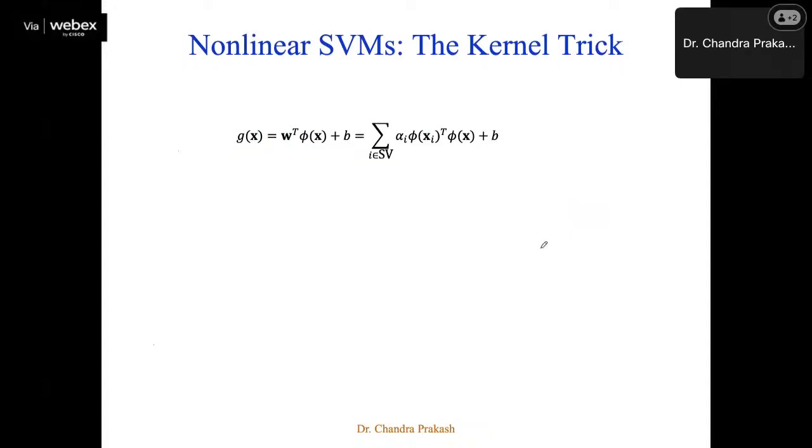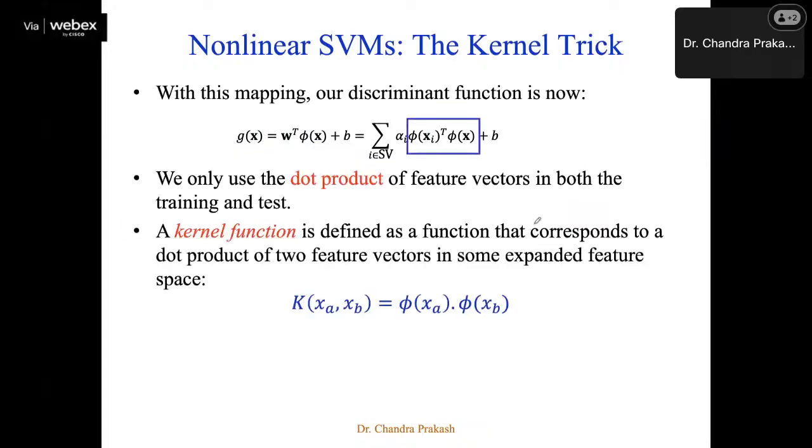So there are different types of nonlinear kernels, right? We take the help of the dot product of the feature vectors in both training and test, and then we come up with a kernel function. A kernel function is defined as a function that corresponds to a dot product of two feature vectors in some expanded feature space.